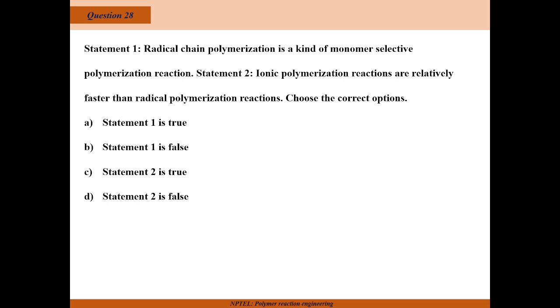Statement 1 is true or false; statement 2 is true or false. Statement 1 is definitely not true because we have already discussed it: it is not monomer selective, similar to ionic. And for ionic polymerization being faster, free radical is faster when compared to ionic, but actually it is said to be true.